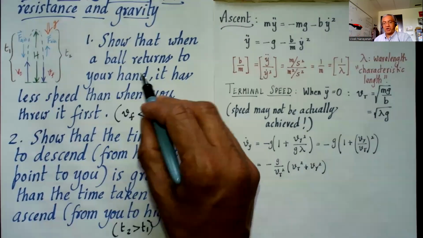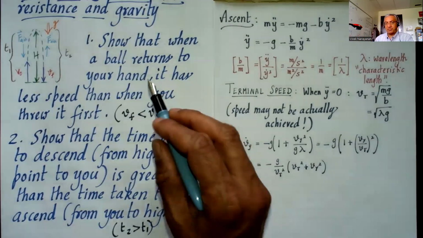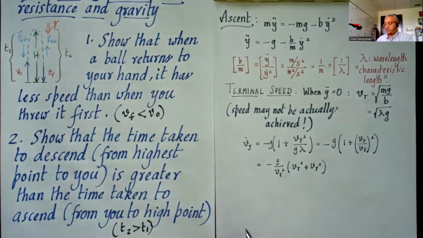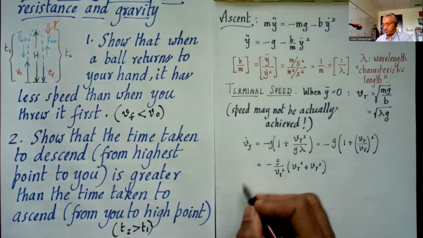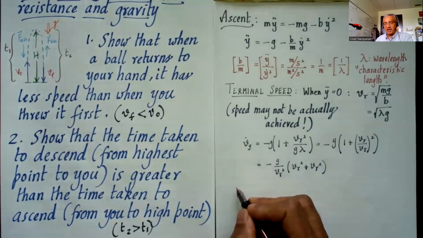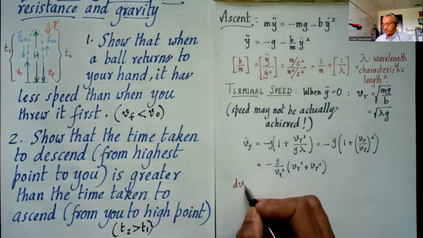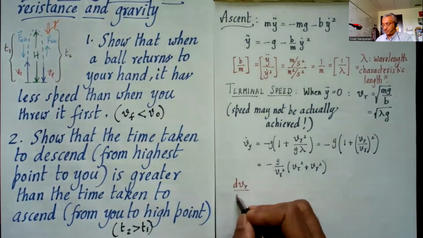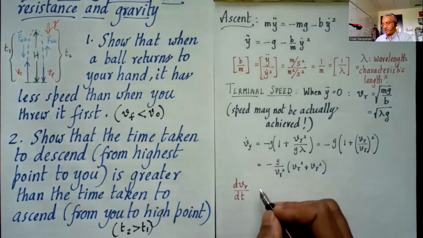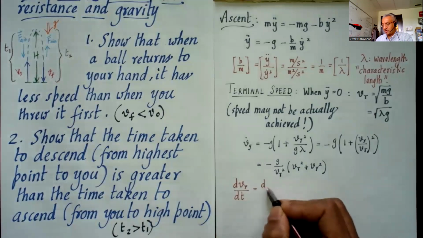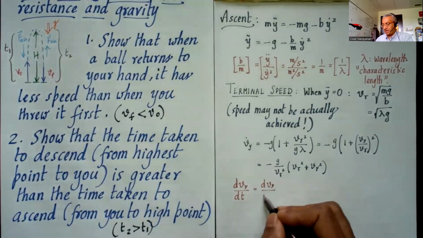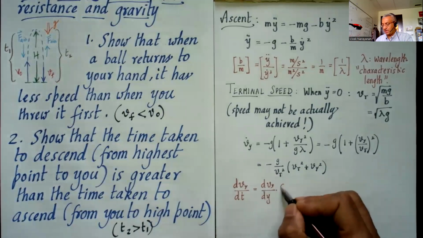I want to do the first part of the problem. And the first part of the problem does not involve time. So I want to get rid of time. An old trick of Newton can be used. Newton came up with all the tricks of calculus because the man happened to invent calculus too. So you can see that I'm a Newton man, not a Leibniz man. So dvy by dt equals dvy by dy times dy by dt.